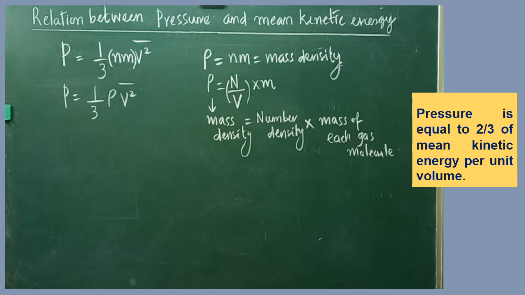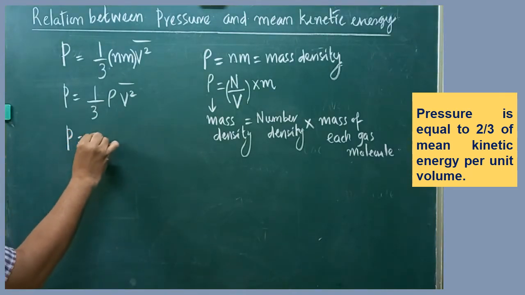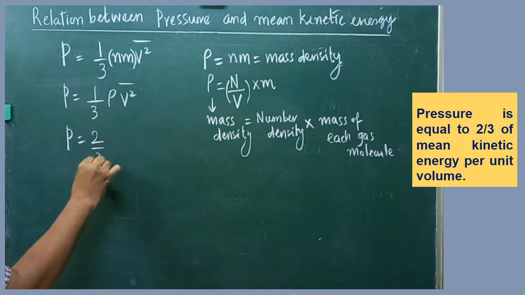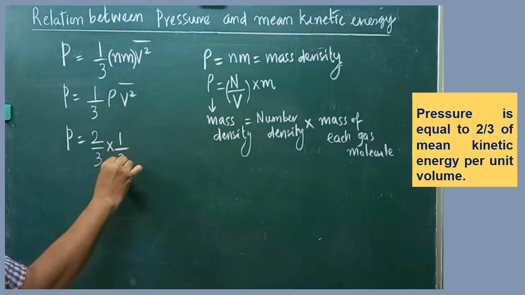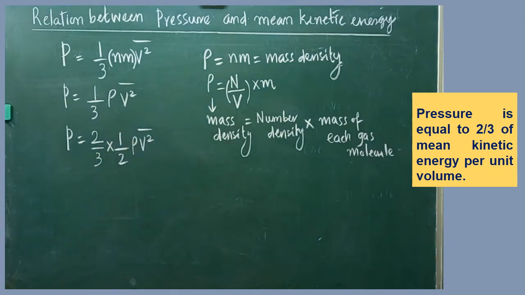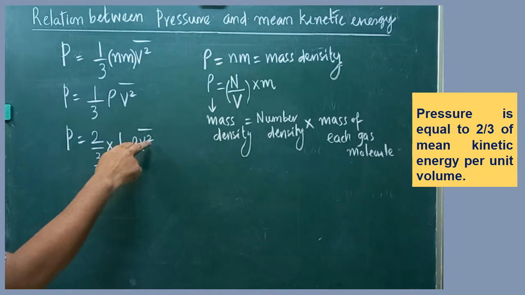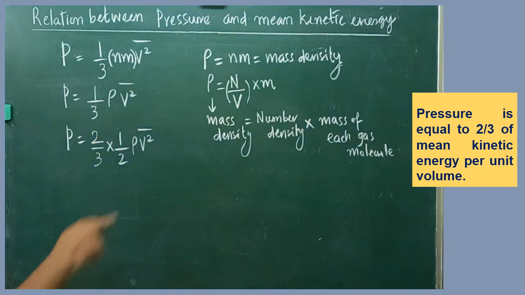Understood? The next step we have to do here: multiply by 2 and divide by 2. Pressure is equal to 2 by 3 into half rho v square bar. In that format we can write. Here, v square bar gives you the average speed of the molecule.